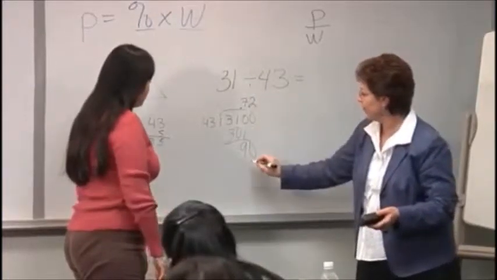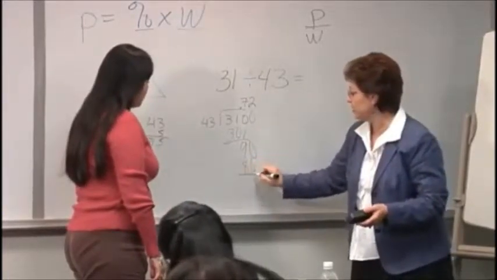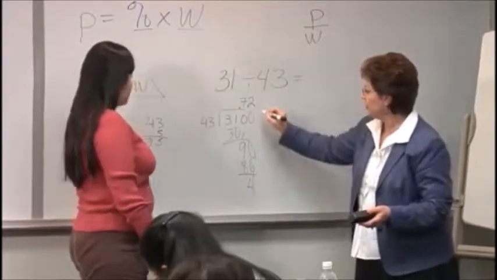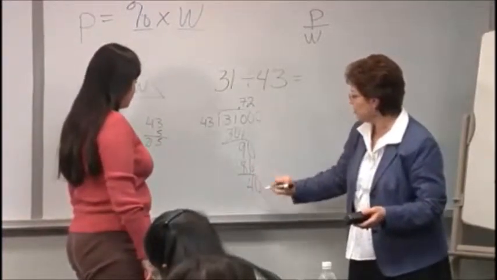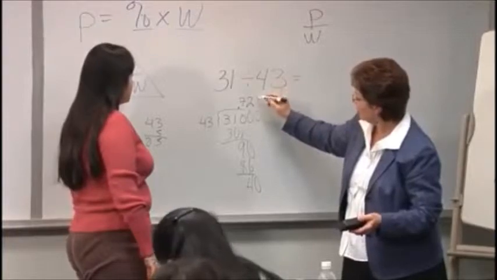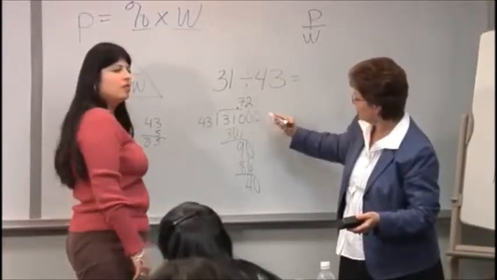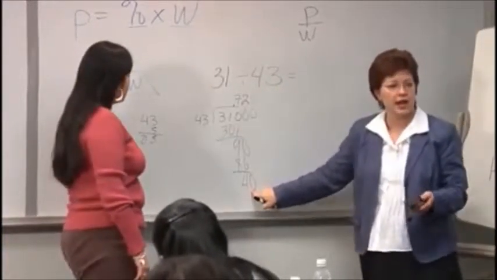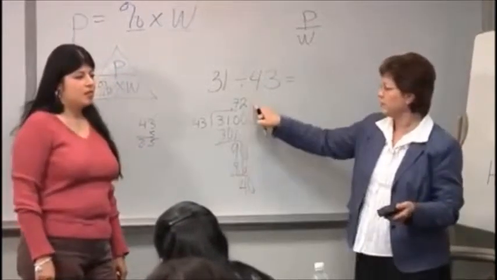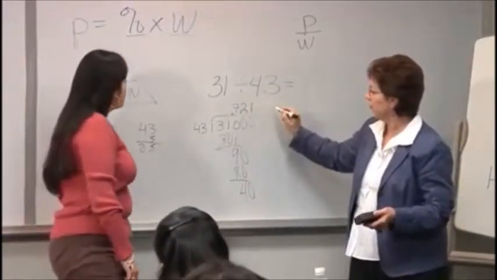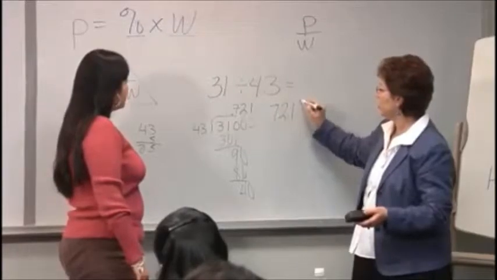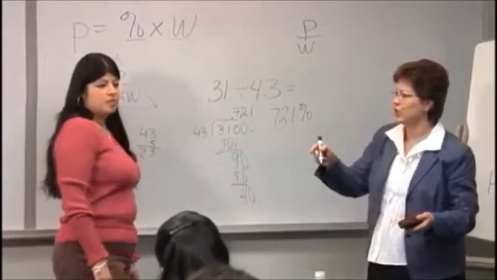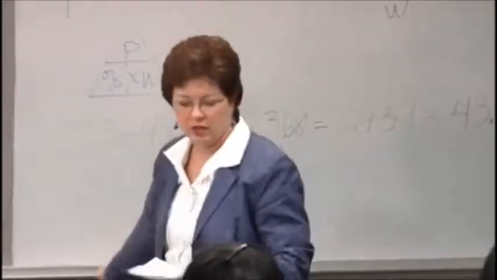Is that what you got? Did I do it right? Yes. And we said to the nearest tenth, so we have to go one more place. And it looks like it's 0. But this is more than half, right? So we would have to round this up to 1. So it will be 72.1%. Is that what you got as well, Imelda? Uh-huh. Okay.